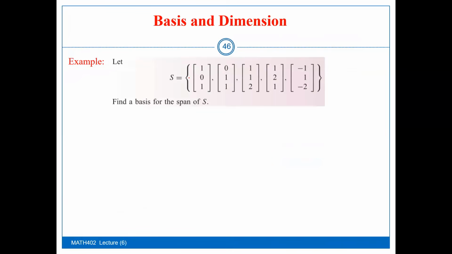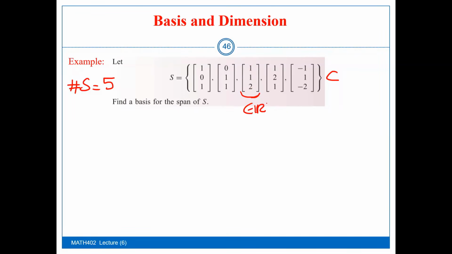Now, let's see this set. How many vectors do we have in S? How many elements in S? 5. S is a subset of which vector space? The elements of S, where do they live? This element is in S, but also it is a vector of R3.